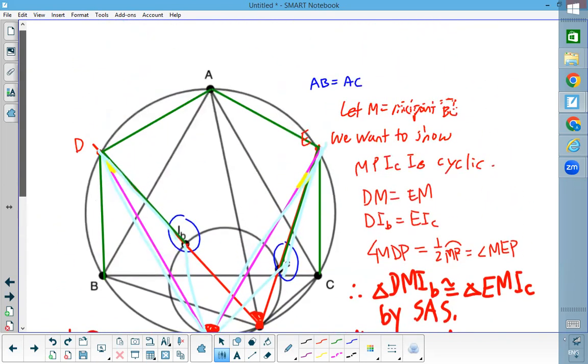So what do we do in this problem? The solutions of these two problems are very similar.